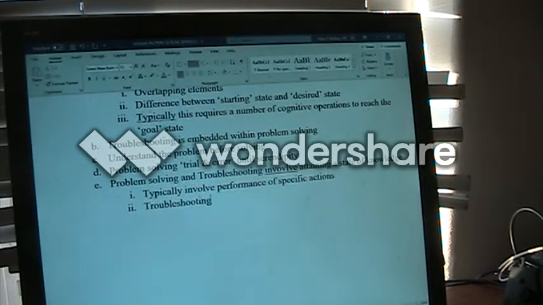So troubleshooting involves a series of tests whose outcomes are used to diagnose the problem.